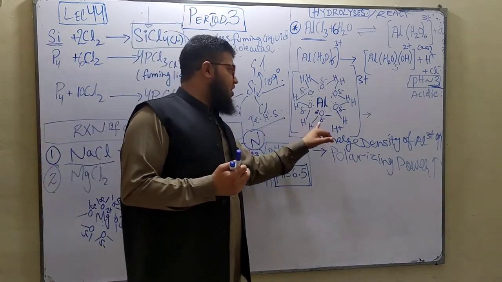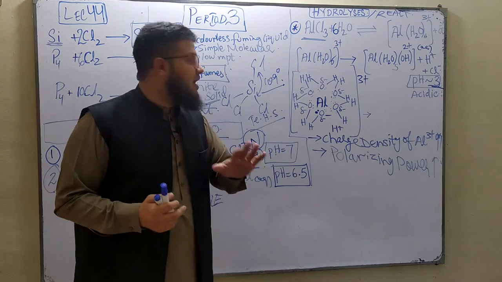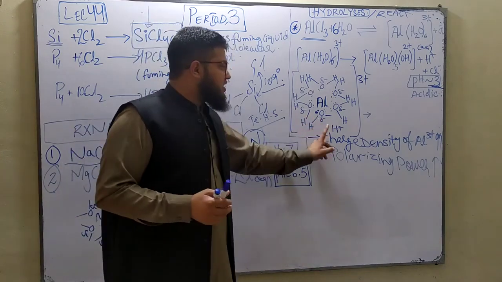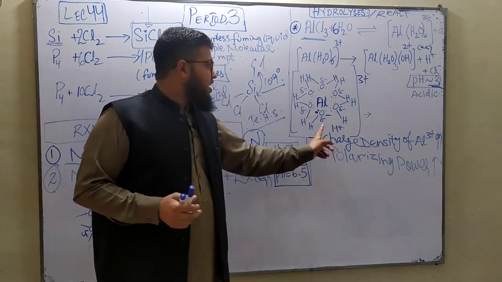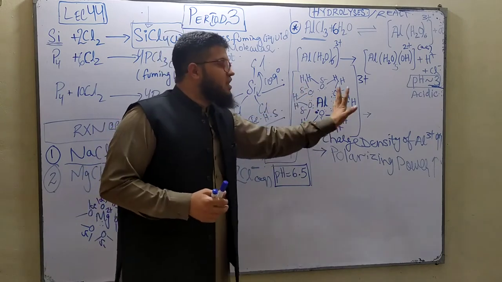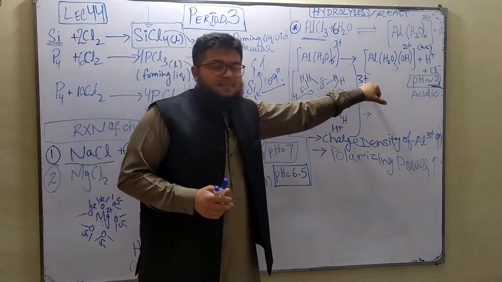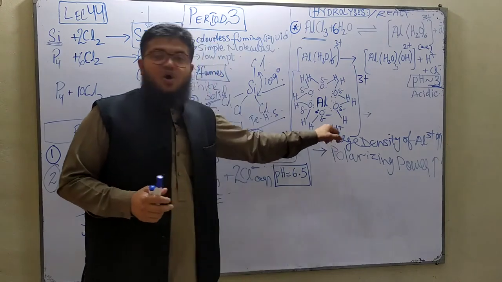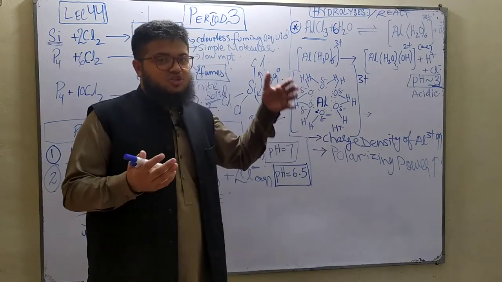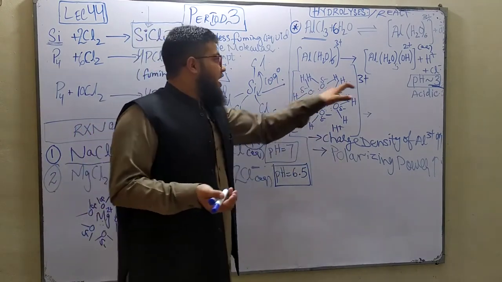Now the charge of OH negative is -1, and the charge of H positive is +1. What's the charge of this entire molecule? Initially it was +3, right? This positive charge won't allow another positive charge to stay inside, because positive charges repel one another, and that's a bigger charge.